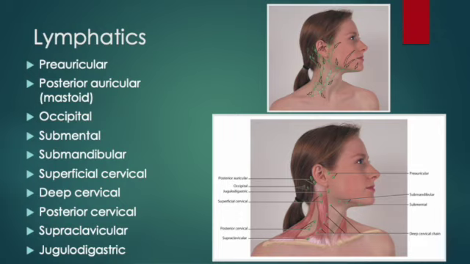So it's moving from the lower aspect of this area up into the supraclavicular. So I'm stressing this image to you because you will be tested on this and you want to be able to determine where the drainage is occurring from.